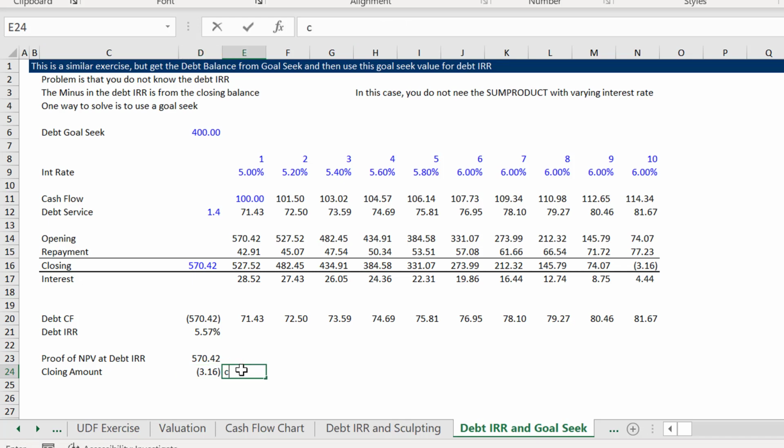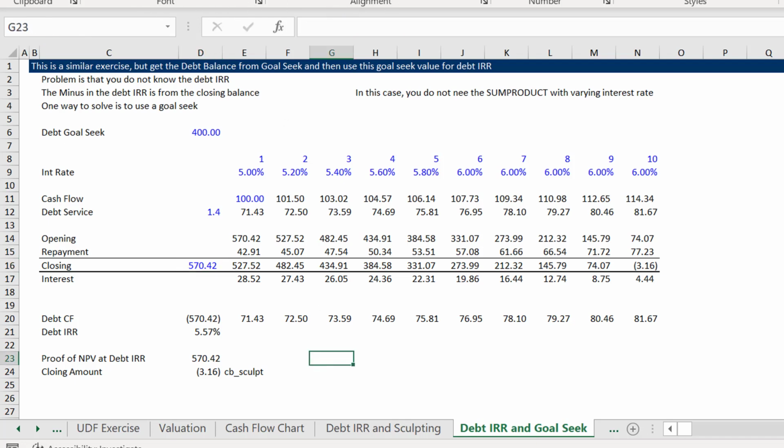This is CB sculpt. We'll set that to 0 by changing this one, and let's put this. That's closing balance. Let's put open balance sculpt. And I hope I'm typing it slowly enough so you remember how to do that.